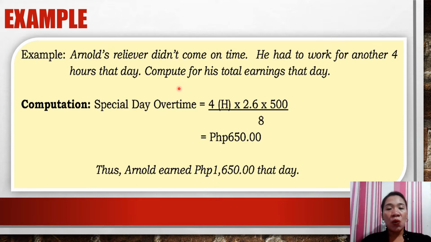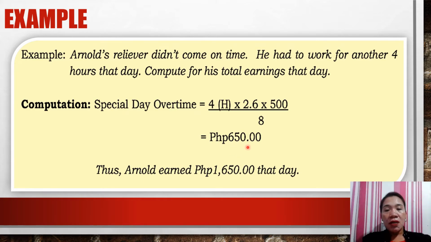So, let us try to compute his total earnings on that day. Since it is a special day, the overtime will be computed as follows: the hours, multiplied by 2.6 times the daily rate, 500 per day, divided by 8. So what he will receive is 650.